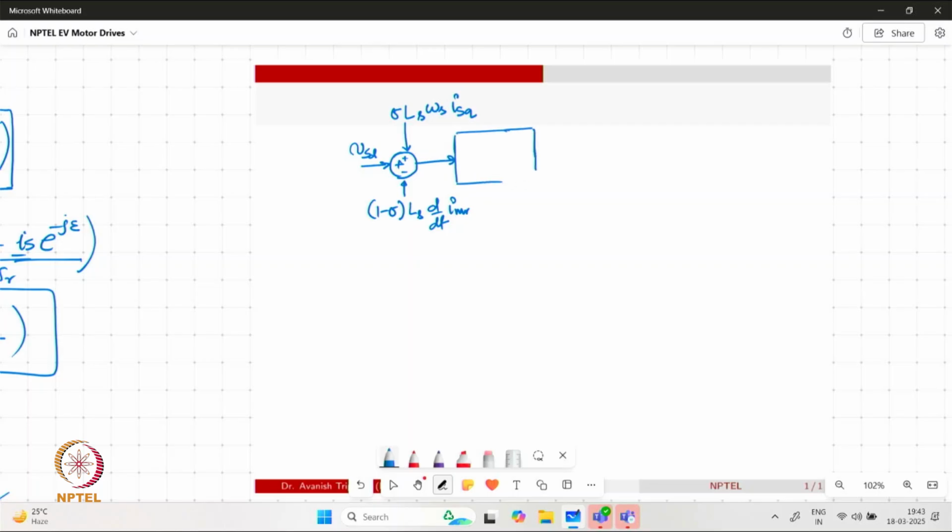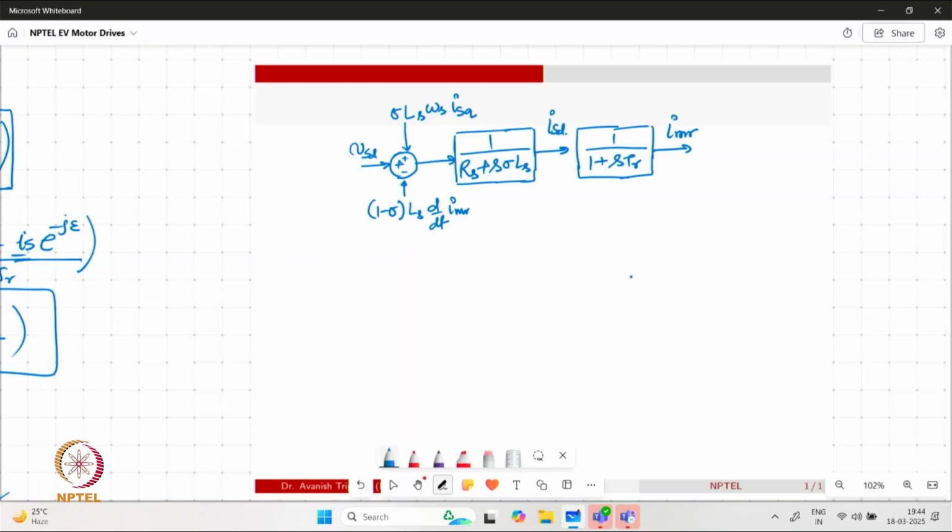And the RL model for the electrical system, which consists of RS and S sigma LS, which is eventually generating our D-axis current. Now, the D-axis current is basically fed to the rotor flux model, and this essentially generates the rotor flux magnetizing current.